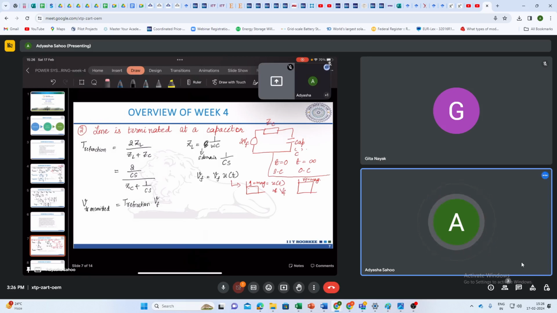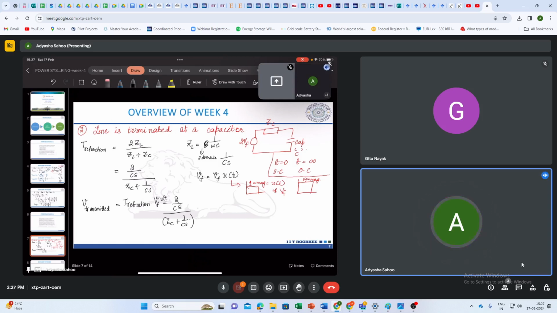So let me write it as 2 by CS, divided by ZC plus 1 by CS, into VF into U(t).